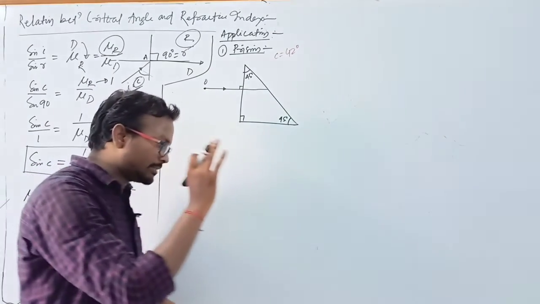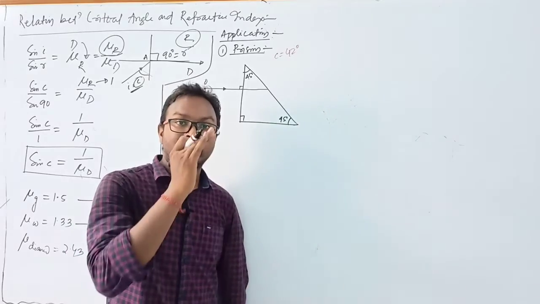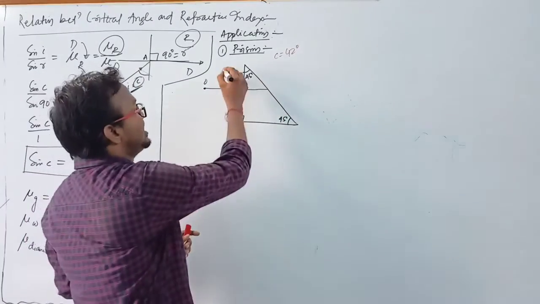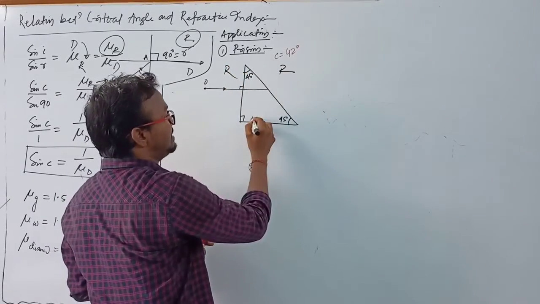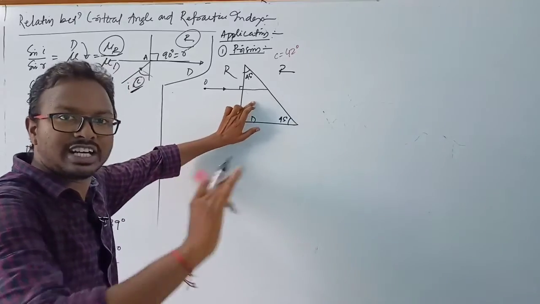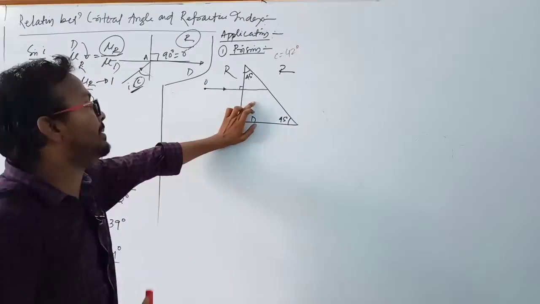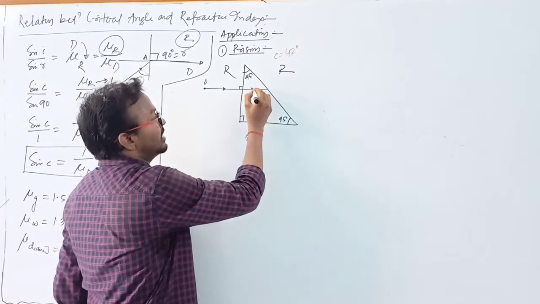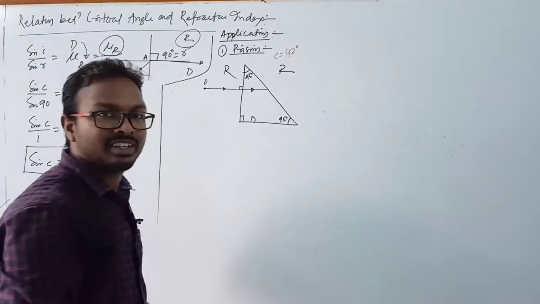When a ray of light travels from denser to rarer medium. This medium is denser, and the outside is rarer. When light travels from rarer to denser, there is no total internal reflection, but when light travels from denser to rarer medium, total internal reflection is possible.